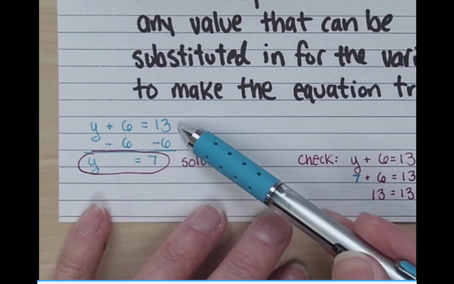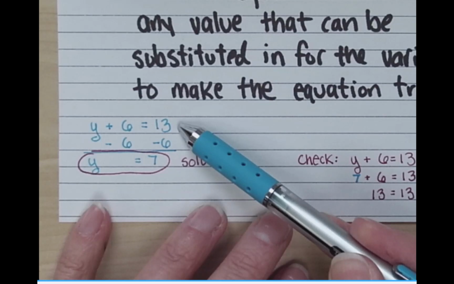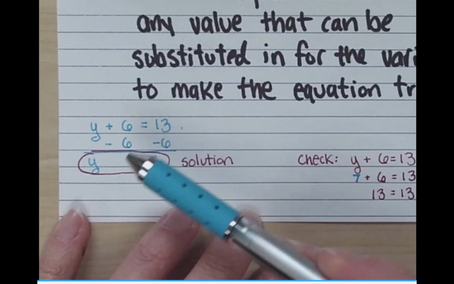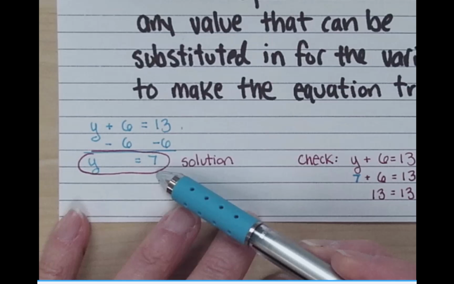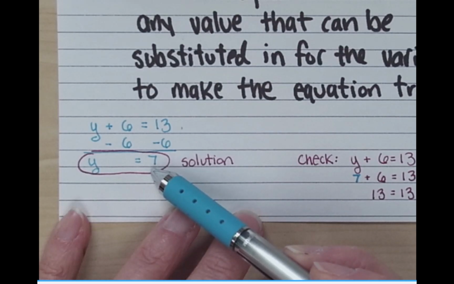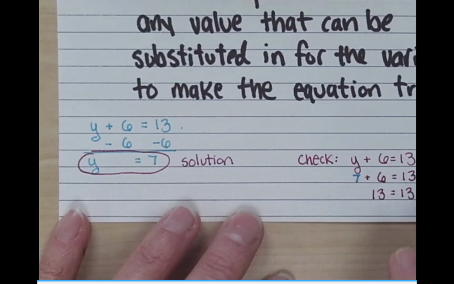If we have this equation, y plus 6 equals 13, I can say the solution to that equation is y equals 7. Because if I take that value and substitute it in wherever I see y, it should make the equation true. Let's check it over here.